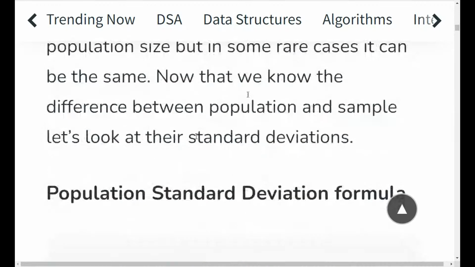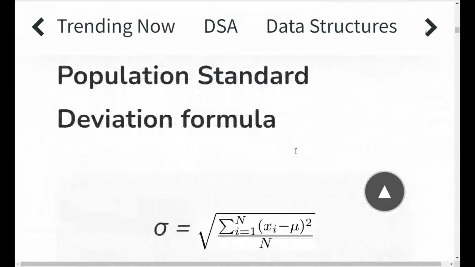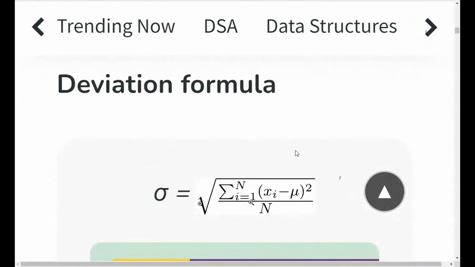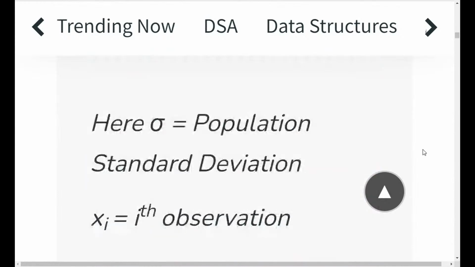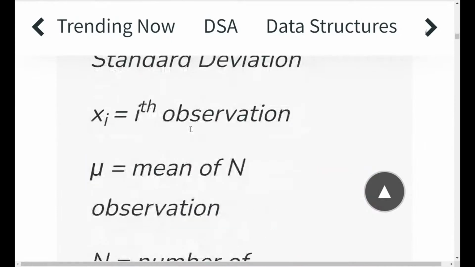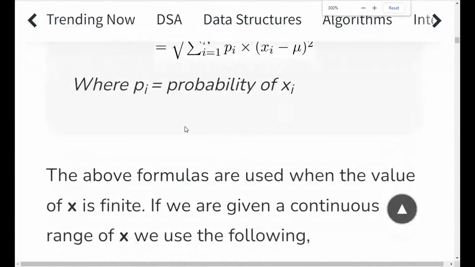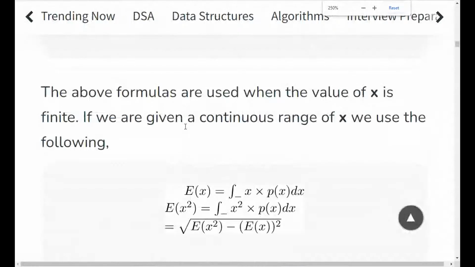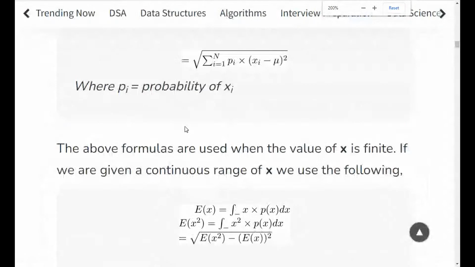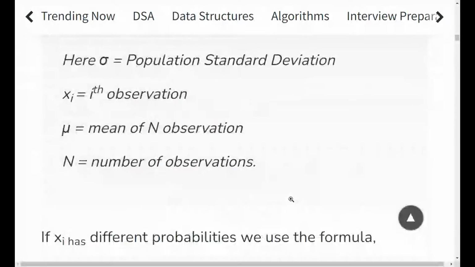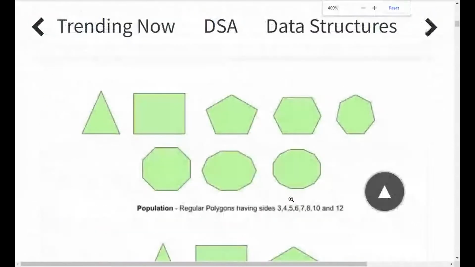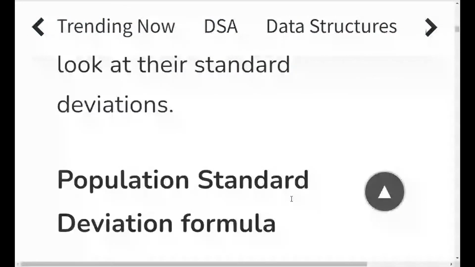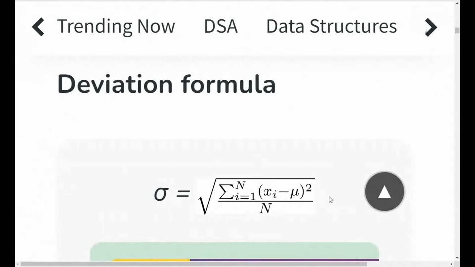Now that we know the difference between population and sample, let's look at the formula. Now standard deviation. I hope all of you can understand this formula. It is the square root of variance.